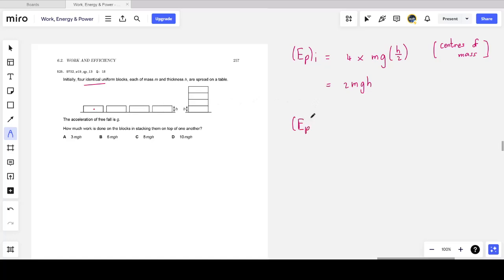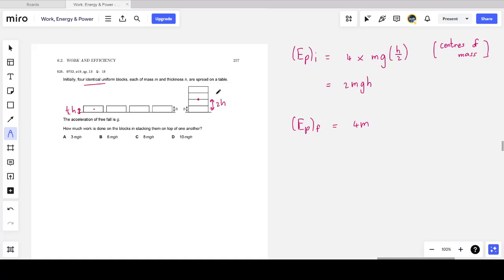Now, finally, the potential energy when all the blocks are stacked on top of each other is 4 times the mass. There's 4 blocks, and the center of mass of these 4 blocks is at a height of 2h. Initially, I'll just draw a tiny little arrow, the height was a half h.